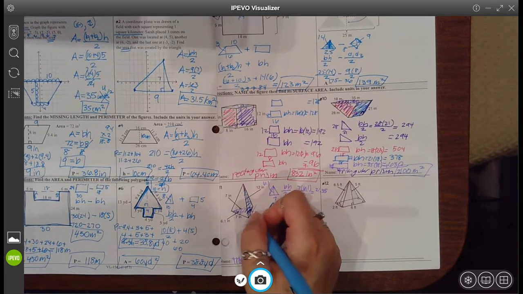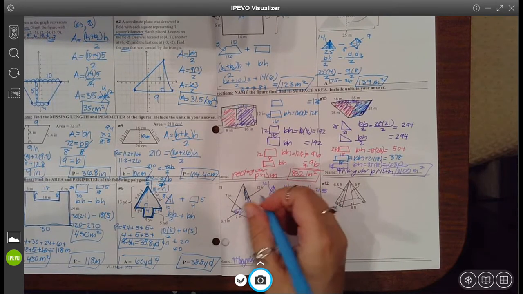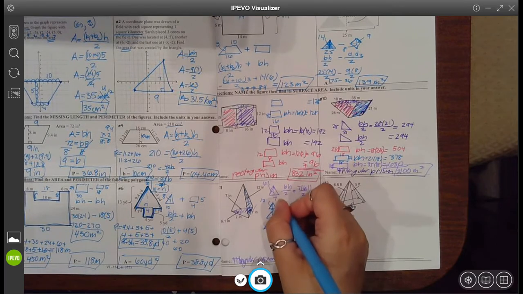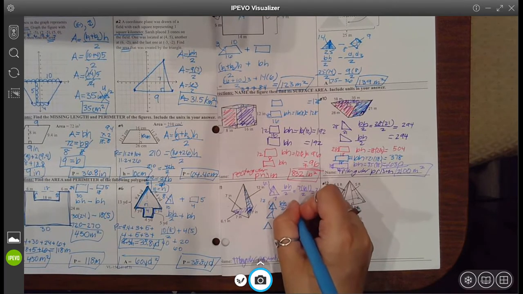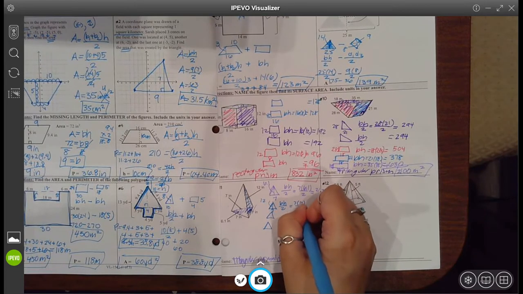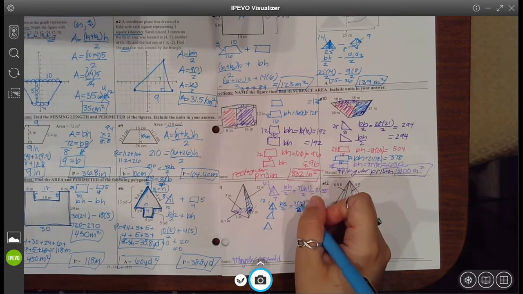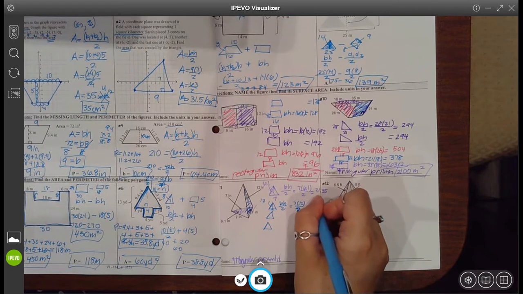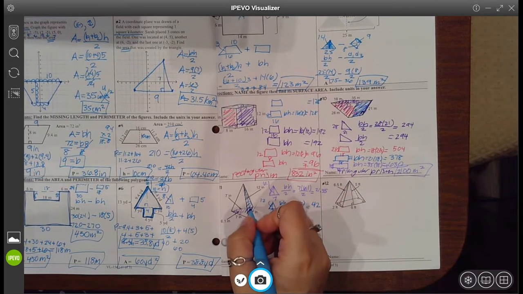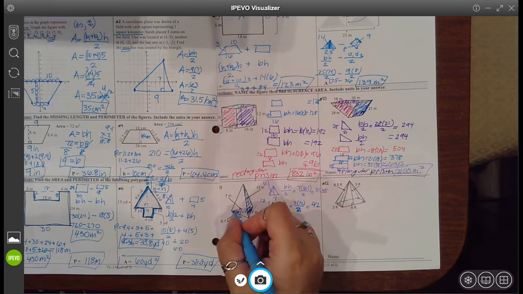It has a base length of 7 and a height of 12. So base times height divided by 2, 7 times 12 divided by 2. Half of 12 is 6. 6 times 7 is 42. Now, this one back here, that triangle, also has a base length of 7.